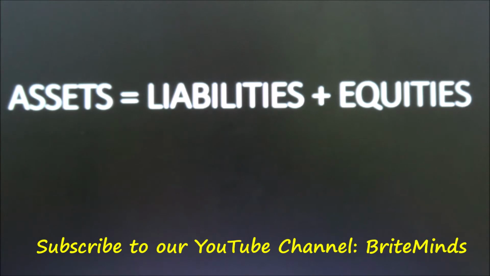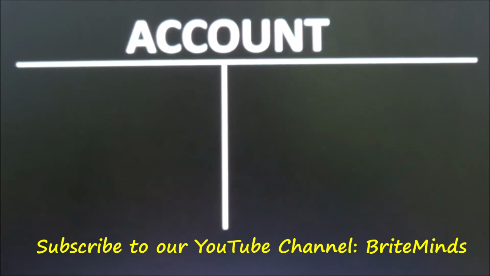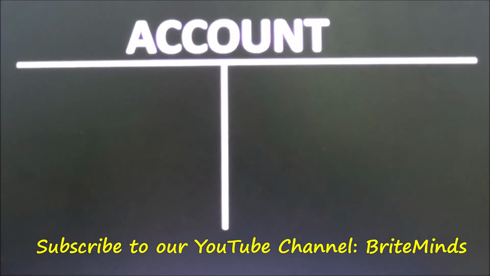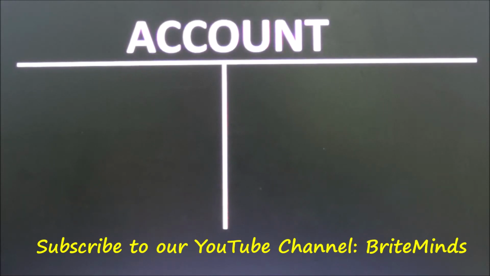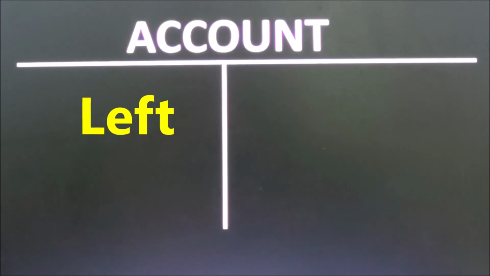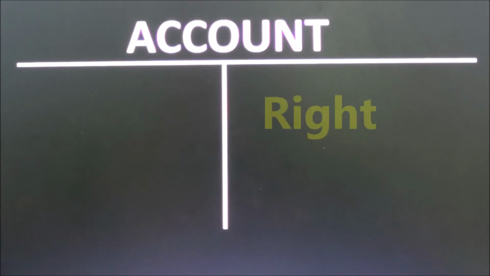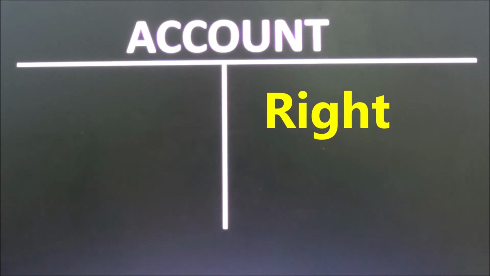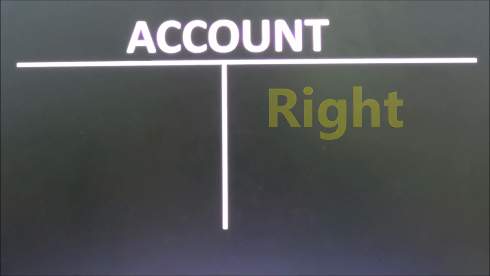The basic visual representation of an account is the T account. The T account resembles the capital letter T. The left side contains all the debits to the account, while the right contains all the credits to the account.